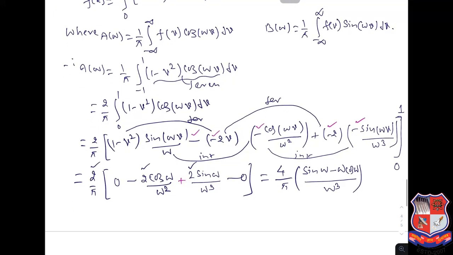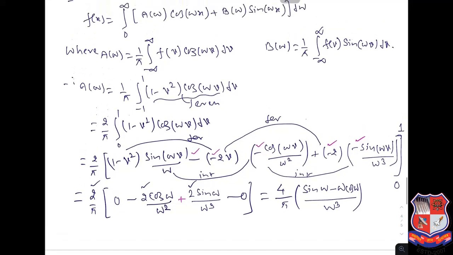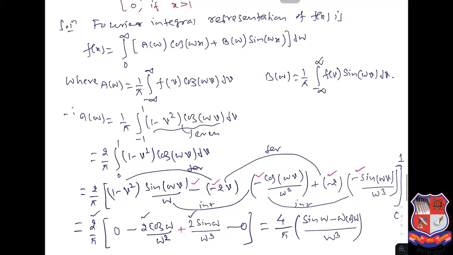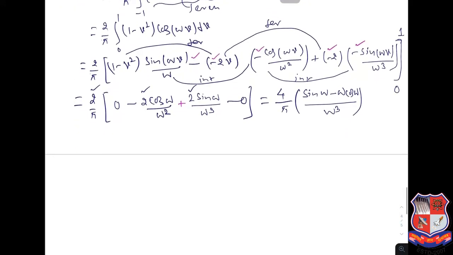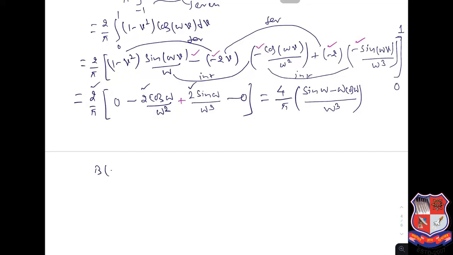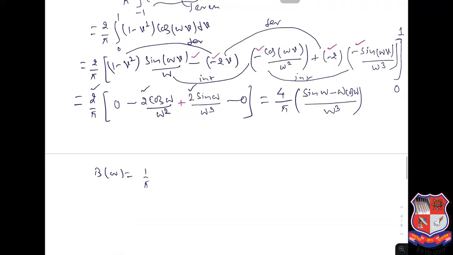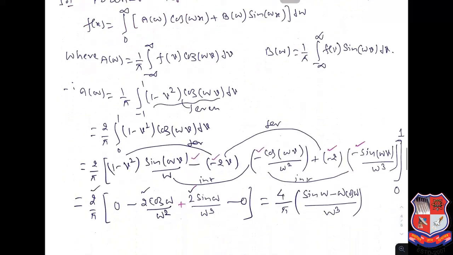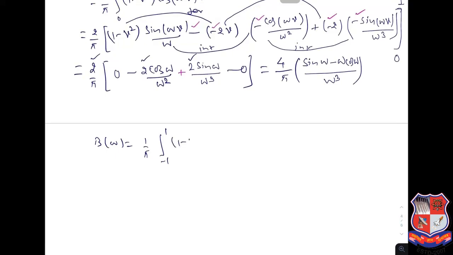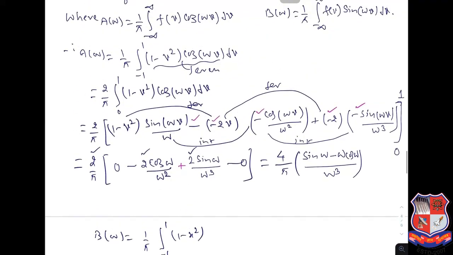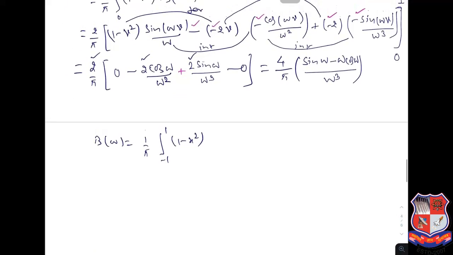Now B(omega). So what is B(omega)? That is easy to find. B(omega) is 1 over pi integration minus 1 to 1, 1 minus x square sine omega v dv.